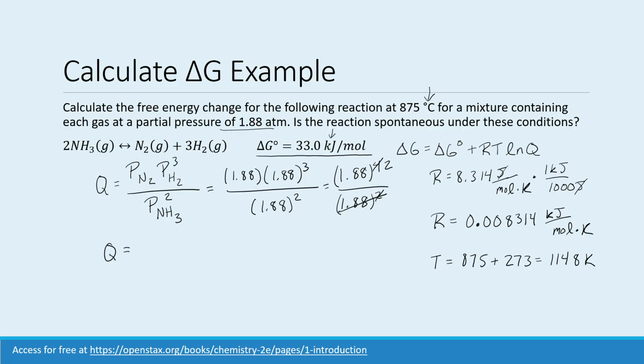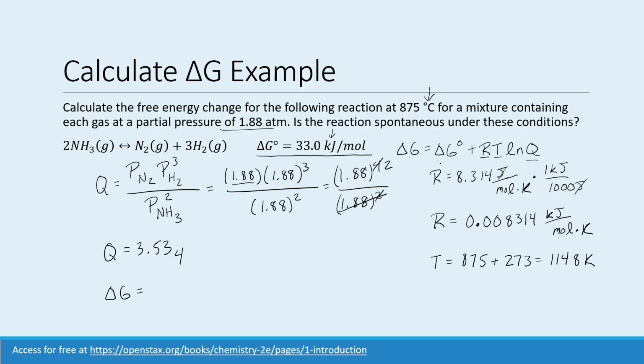Or you can plug it all into your calculator, but we should get back 3.53. We want at least 4 digits for significance because we had 3, so carry an extra: 3.534. No units there.